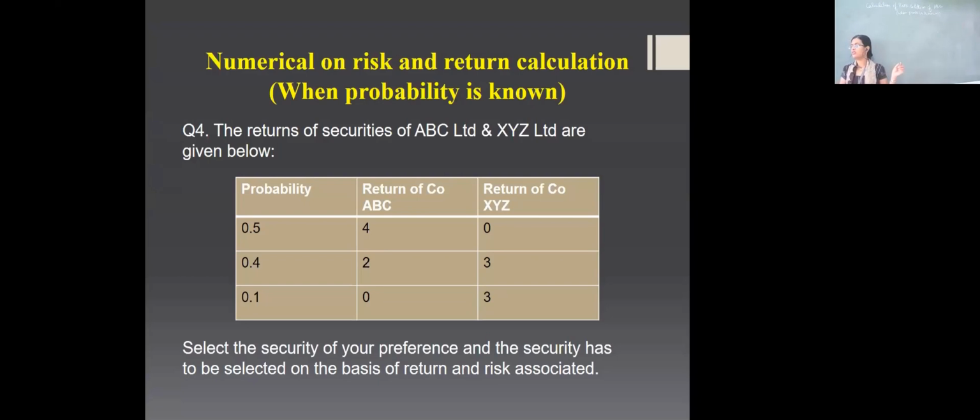Now, the return of ABC, if you see, is 4, 2, and 0. With reference to probability, it means that there is a 50% chance. If you say 0.5, it is 50%.